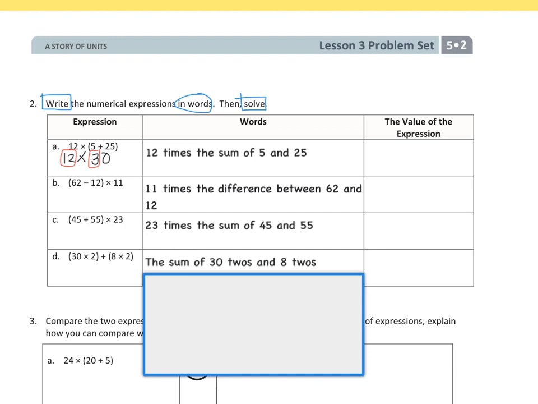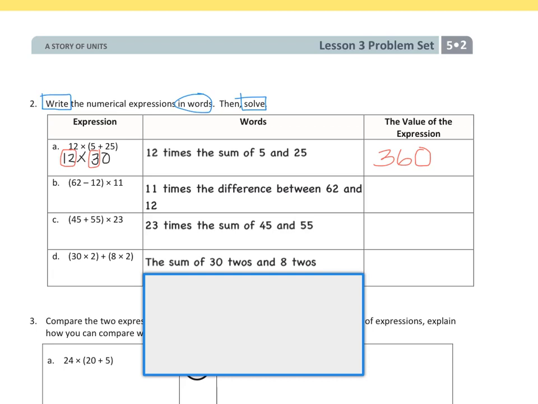Think of first, well, if I know that 10 times 3 is 30, that means 11 times 3 is 33, and 12 times 3 would be 36. So I'm going to write 36 over on the right side, but it's actually going to be 12 times 30, so that means I need to add that 0 in 30 to the 36 on the right. So it's 360 is my final answer for 2a.